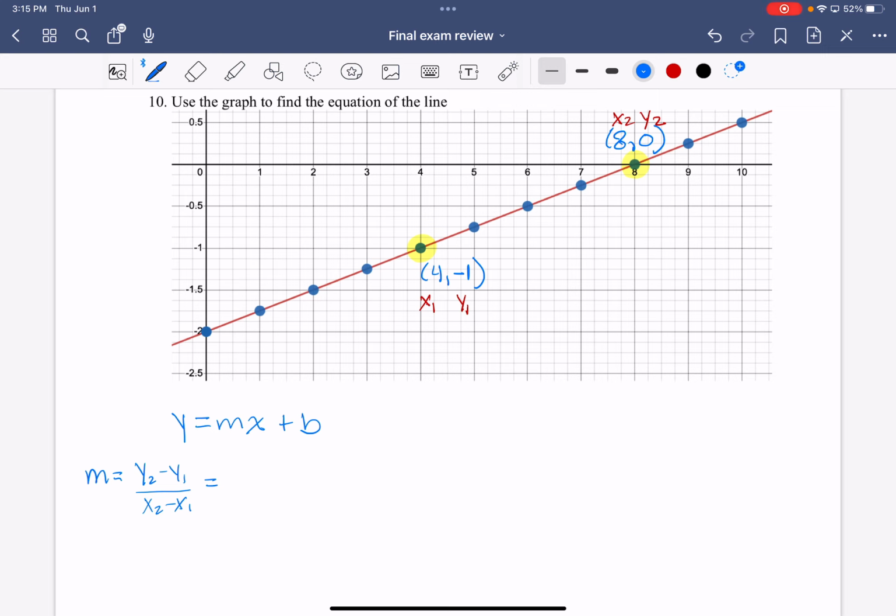So in this case, that's going to be 0 minus -1, so be careful there, 0 minus -1 all over 8 minus 4. Minusing a negative becomes positive. So positive 1 over 4 or 0.25.